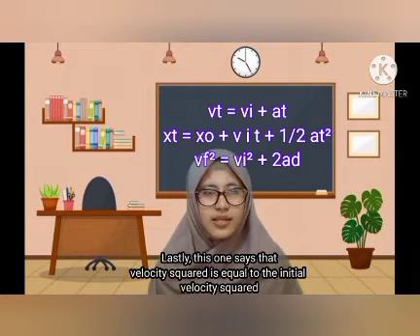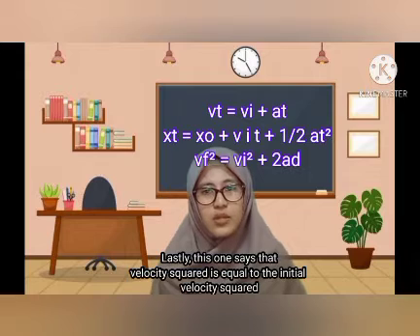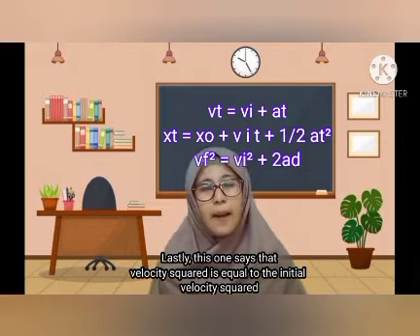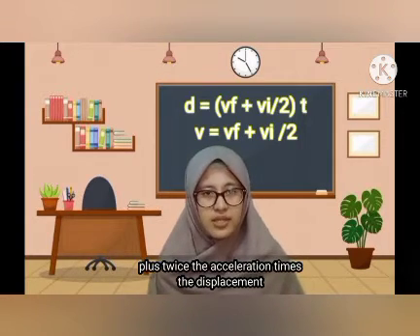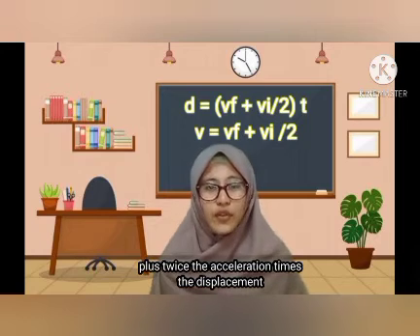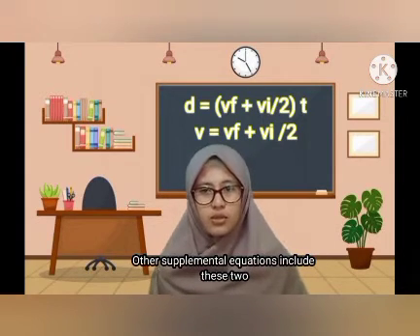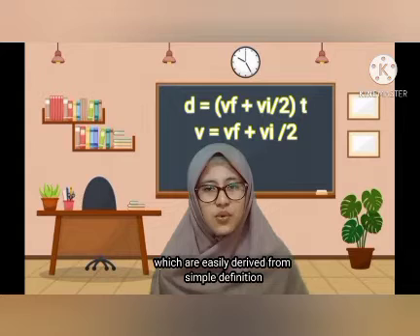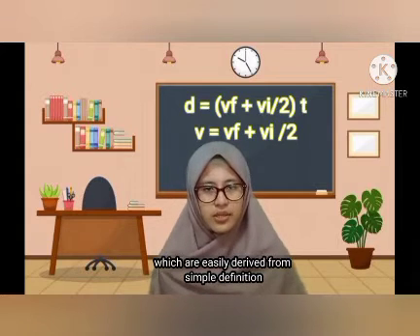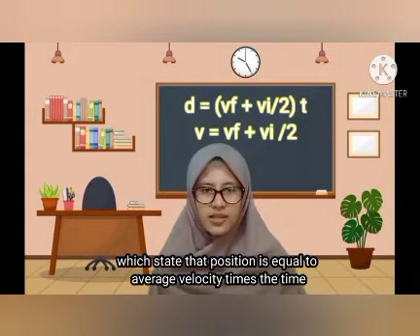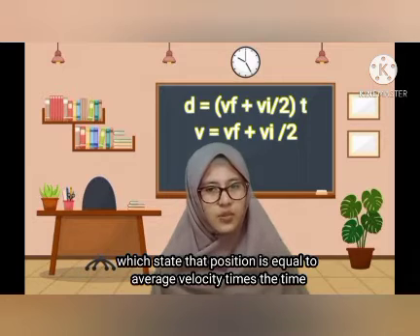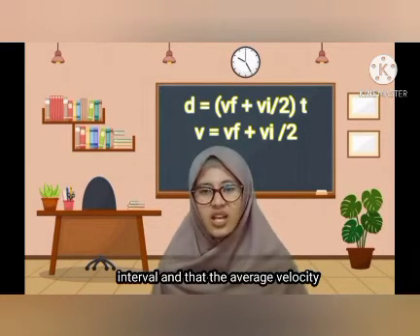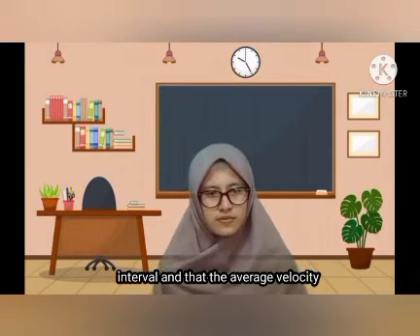Lastly, this one says that velocity squared is equal to the initial velocity squared plus twice the acceleration times the displacement. Other supplemental equations include two which are easily derived from simple definitions, which state that position is equal to average velocity times the time interval, and the definition of average velocity.